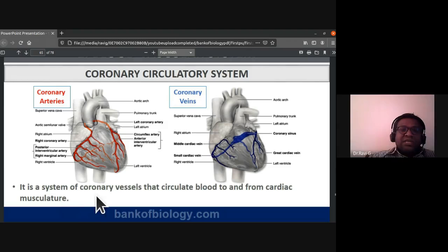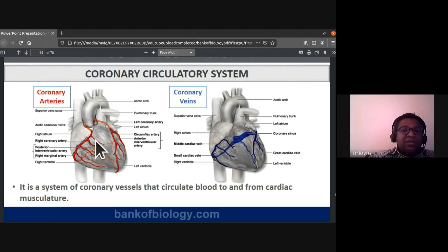So what is the coronary circulatory system? It is a system of coronary vessels, which includes coronary arteries and coronary veins, that circulate blood to and from the cardiac muscles.